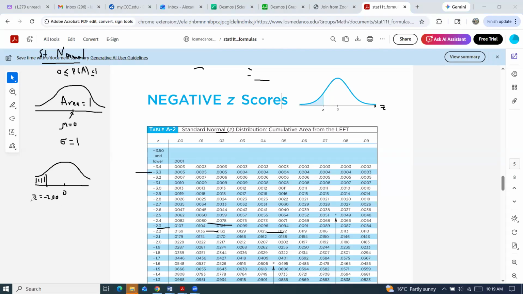And in order to find a Z score for negative 2.00, first of all, I'm going to need to identify the place of hundredths. That's why I attached extra zeros here, so I can find the column with hundredths in it. So 0 hundredths, 1 hundredths, 2, 3, all the way up to 9 hundredths.